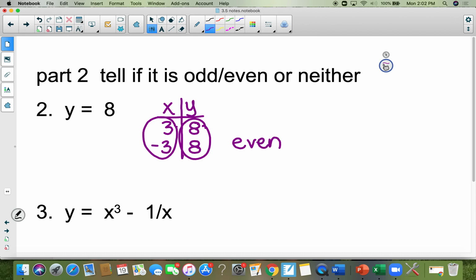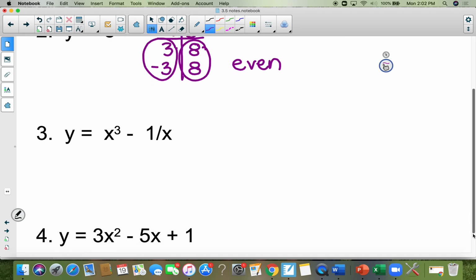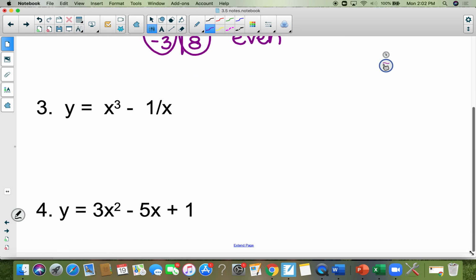Okay, let's do another one. Y equals x to the third minus 1 over x. I'm going to do an x and a y chart. And I'm just going to use 2 and negative 2. When you put 2 in there, you get 2 to the third minus 1/2. 8 minus 1/2 is 7.5.